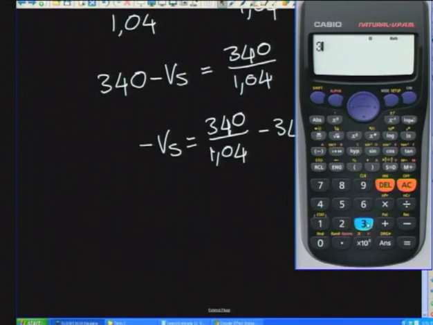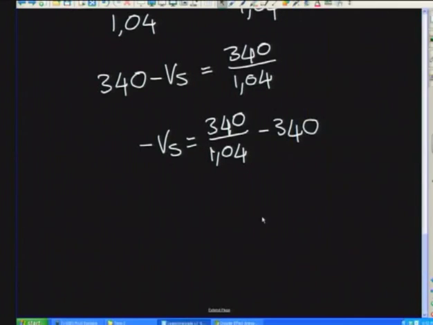I'm going to say 340 divided by 1.04, subtract from that answer 340, and what we get is a velocity, and that's negative 13. Really, really nice. So I get negative Vs is equal to negative 13, and if I multiply both sides by -1, or whatever your preferred method is, I get the velocity of my source is 13 meters per second.